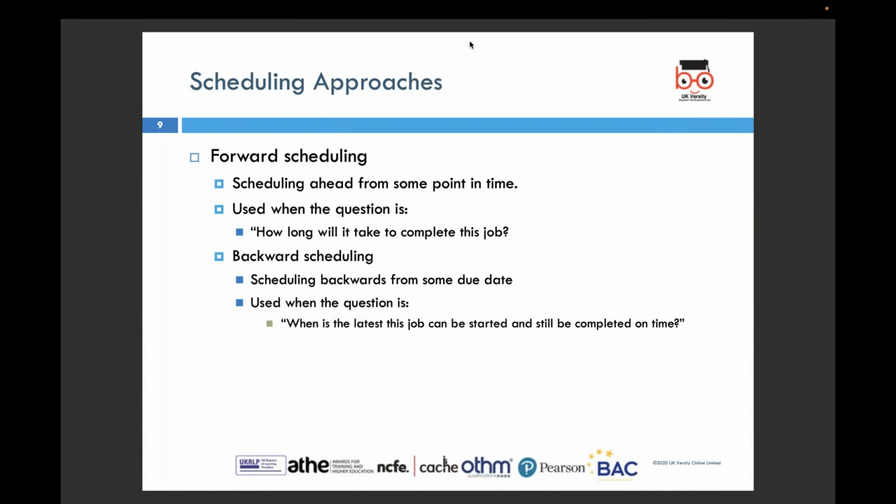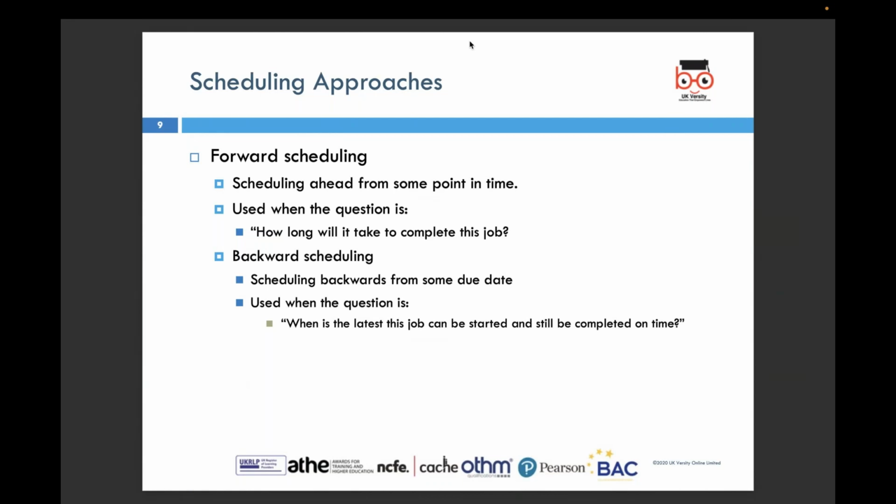Forward scheduling involves scheduling tasks in chronological order, starting from a specific point in time and moving forward. This method is particularly useful when we want to answer the question, how long will it take to complete this job?